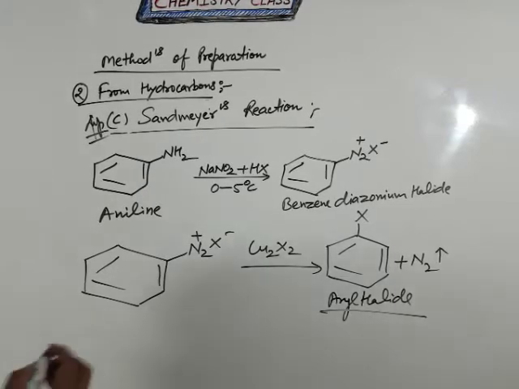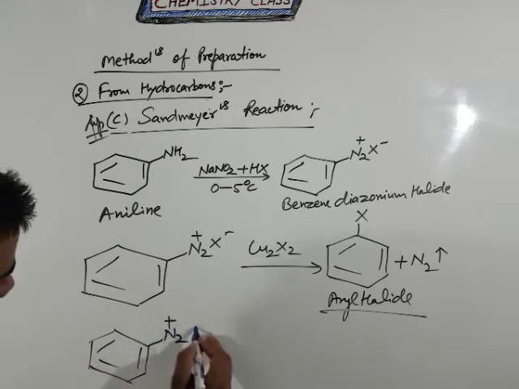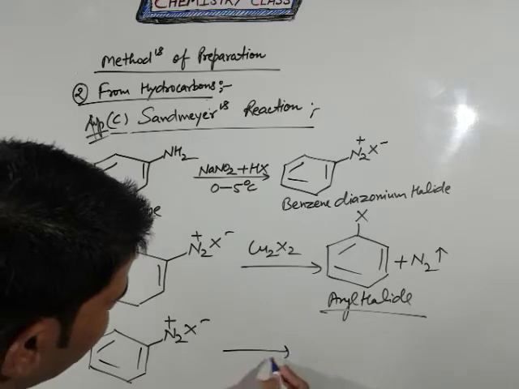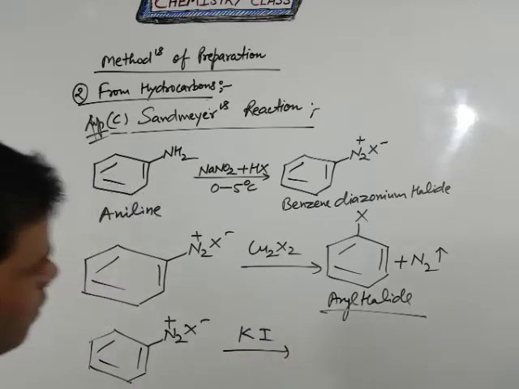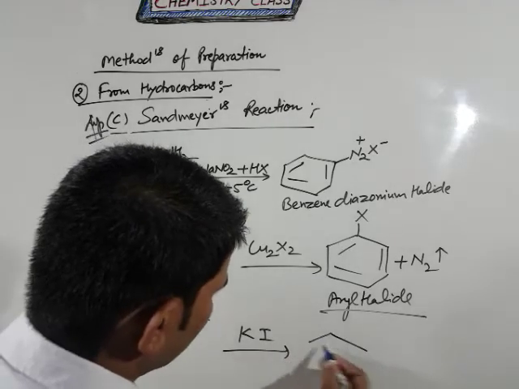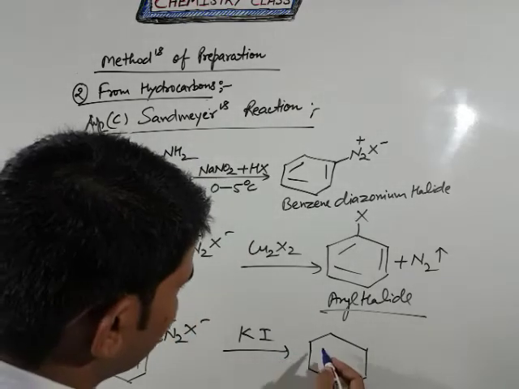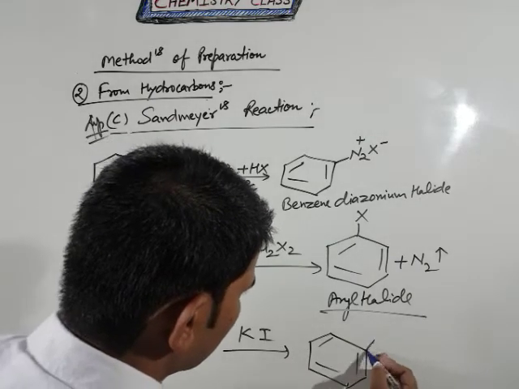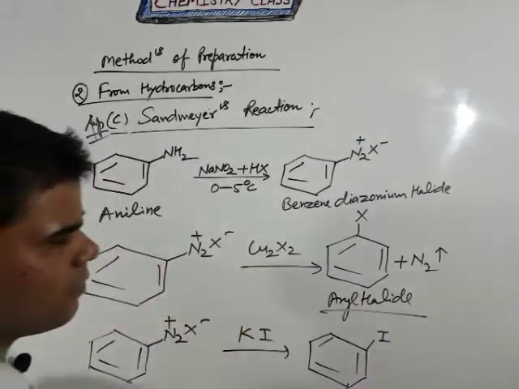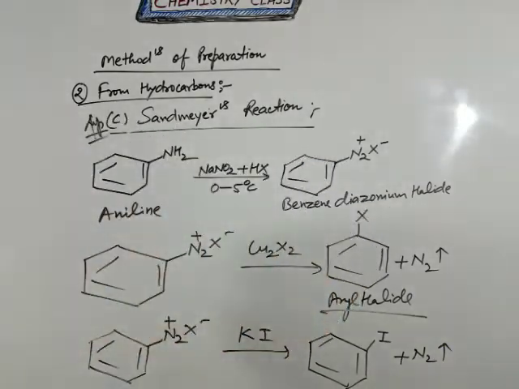But remember one thing: if you are taking benzene diazonium halides with KI, in this case there is no need for copper, because KI easily gives the iodide product, and the same you can see here.